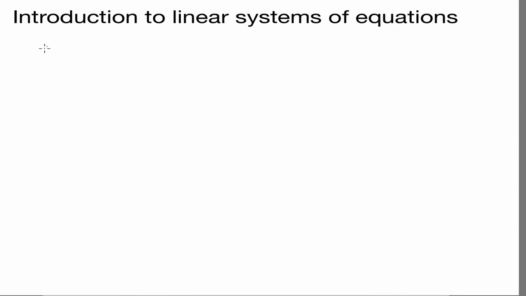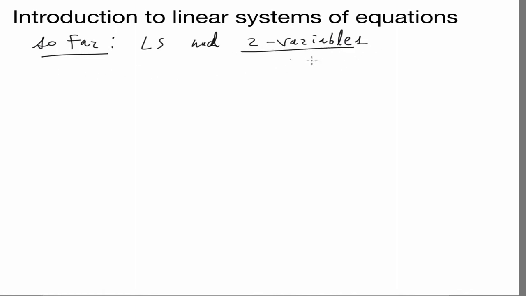So far, what we have is we've had linear systems with two variables, but that's not always true.